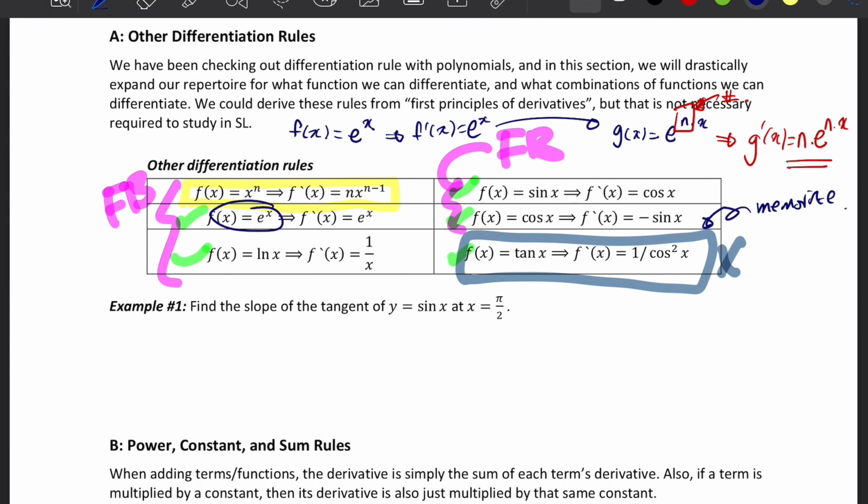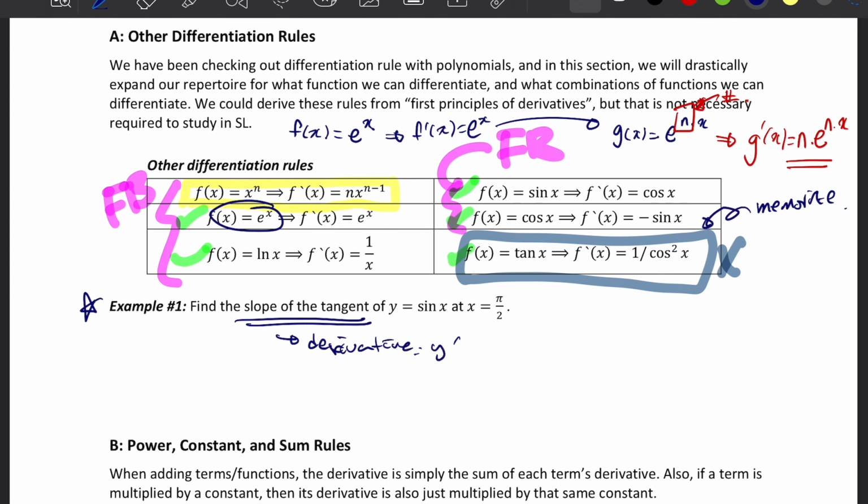Then example number 1, let's try to apply this concept to a question. We need to find the slope of the tangent of y equals sine x at x equals pi over 2. For the slope of the tangent, we have to identify the derivative of the function first, so we need to find y prime.